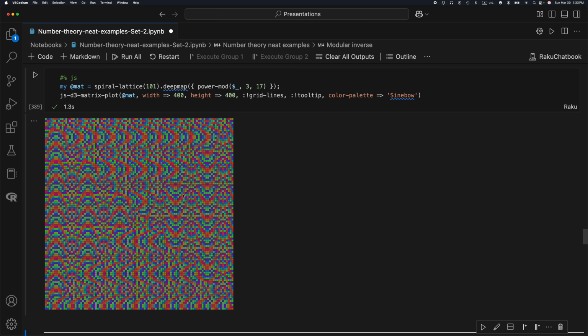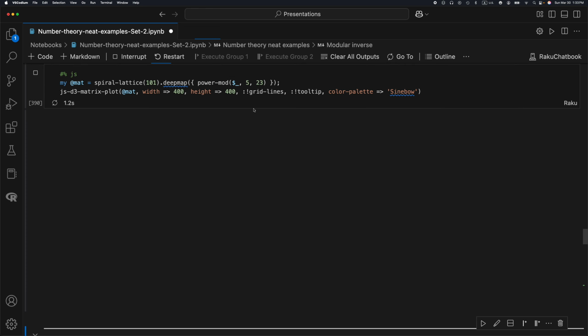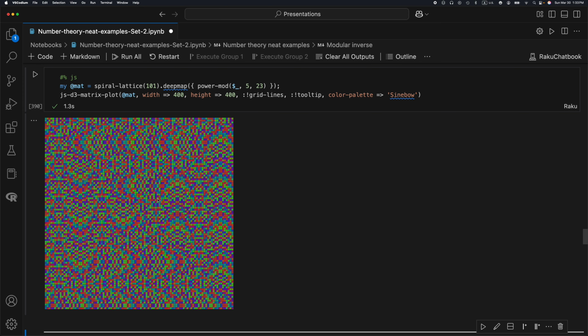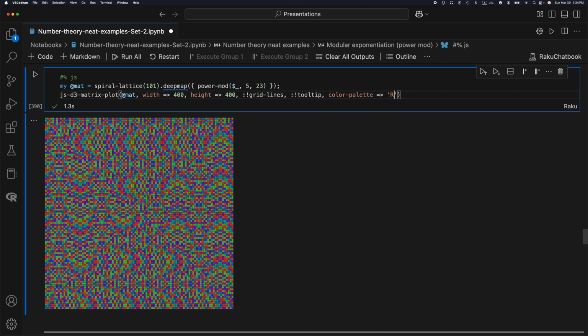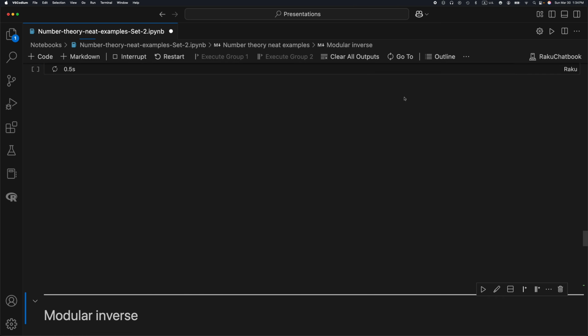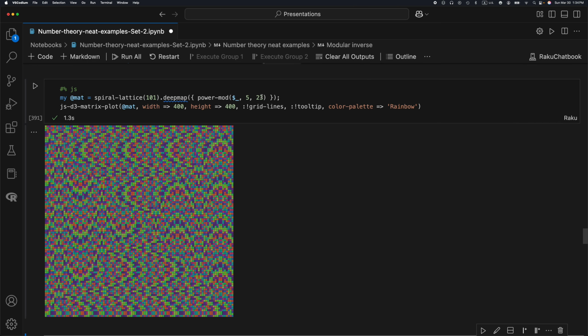You can see here how the spiral goes. Probably using different numbers, we can produce different patterns here, right? Sometimes the spirals are manifested, sometimes not. I'm going to return to rainbow here, and I'm going to return to the original numbers, say 3 and 17.